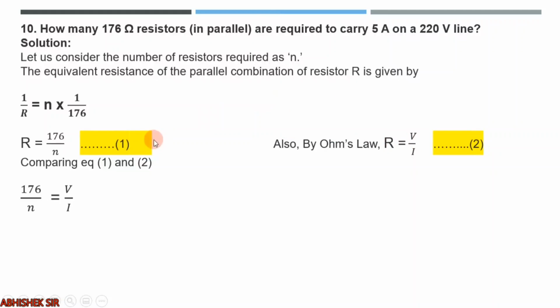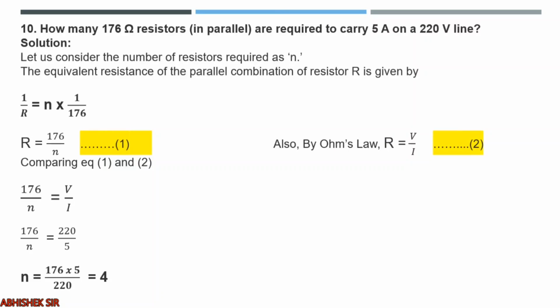We are just comparing both the equation. You see, both are r only. So 176 by n equals to V by I. That will be 176 by n equals to 220 by 5. If you want to find out n, you have to take this n on other side, and 5 and 220 will be the reciprocal. So ultimately it is 176 into 5 upon 220. The answer will be 4.